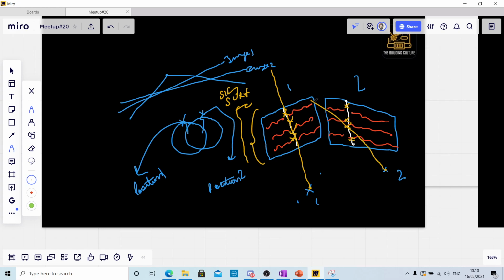Then we know the camera positions, and we make projections onto it, and the idea is that we find a 3D point corresponding to these two image points.